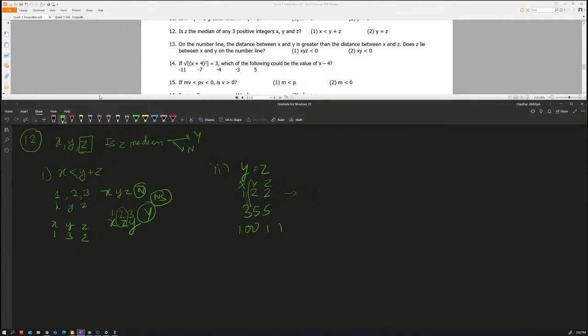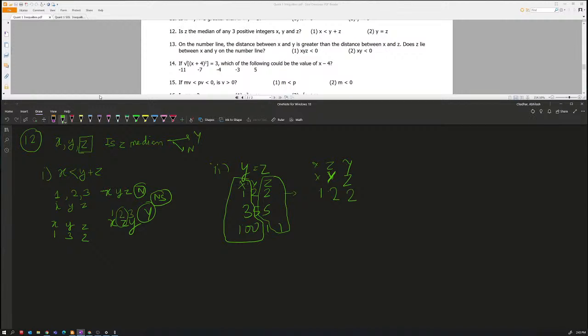So if we arrange, it will be 1, 2, 2, and this is x, y, z. This is the median, and this is not the median.